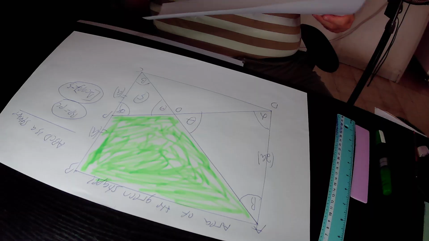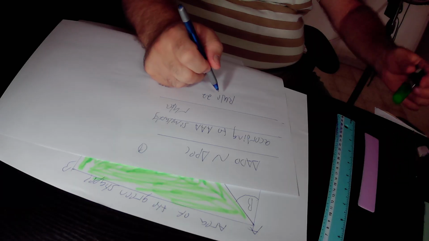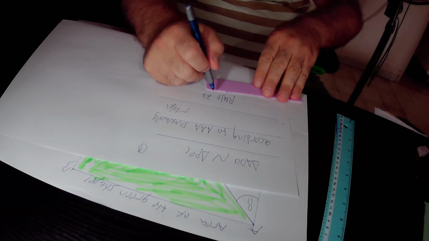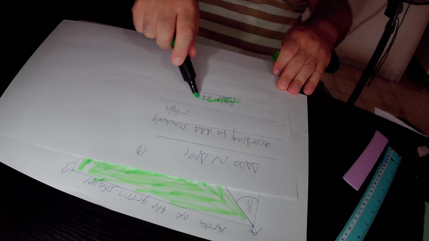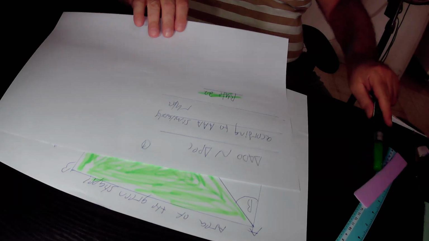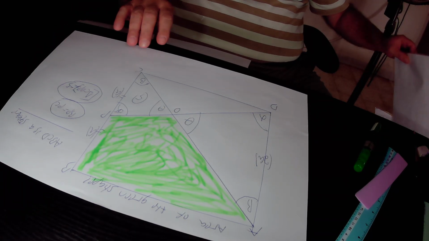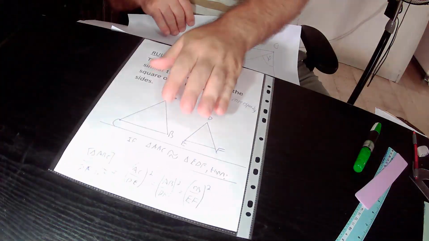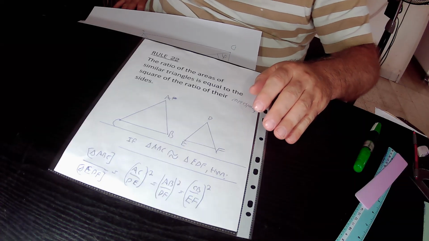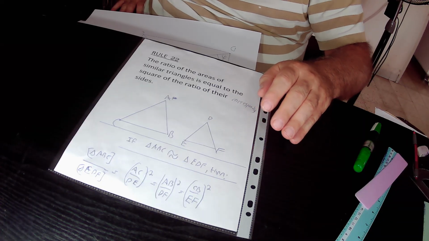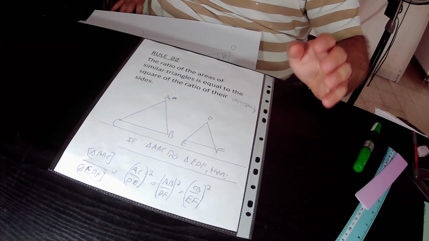The new rule is rule 22. According to rule 22, the ratio of the areas of similar triangles is equal to the square of the ratio of their corresponding sides.